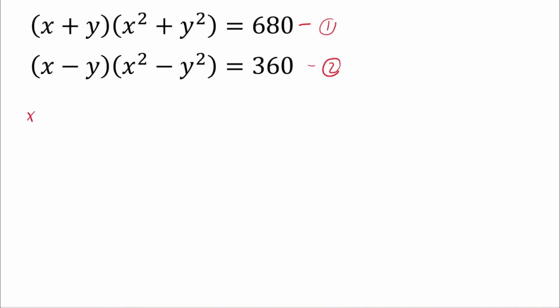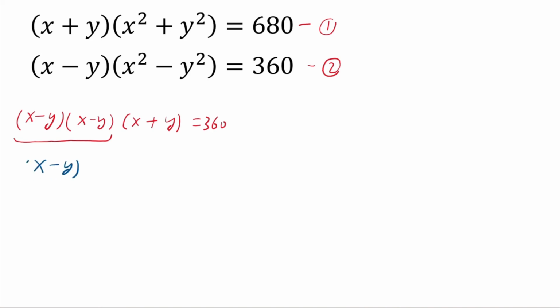Here (x − y)(x² − y²) is a difference of two squares, so it is (x − y)(x − y)(x + y) = 360. (x − y) times (x − y) is (x − y) whole square, so we get (x − y)² times (x + y) = 360.